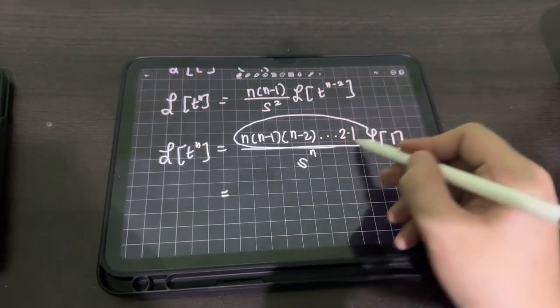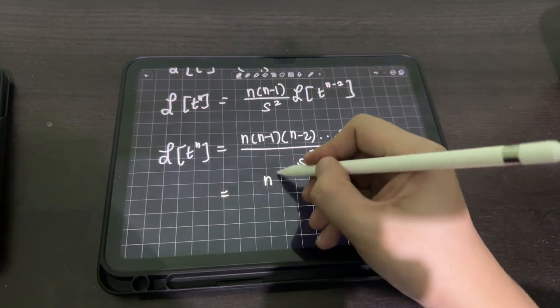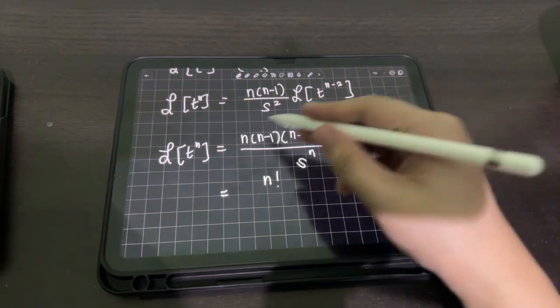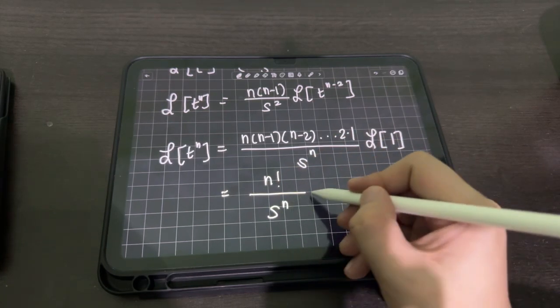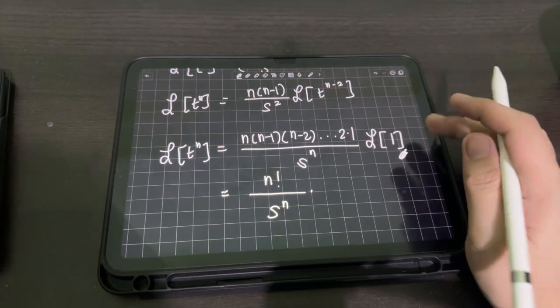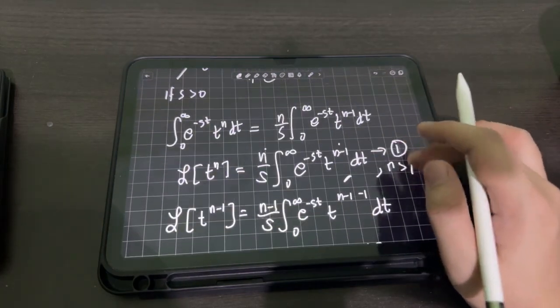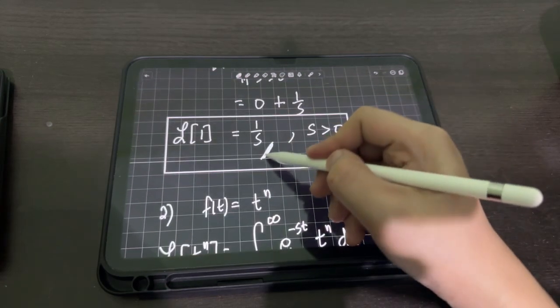Notice that this expression is equal to n factorial, the definition of factorial, right? Over s to the n times, so we know from example number 1 that the Laplace transform of 1 is again equal to 1 over s.